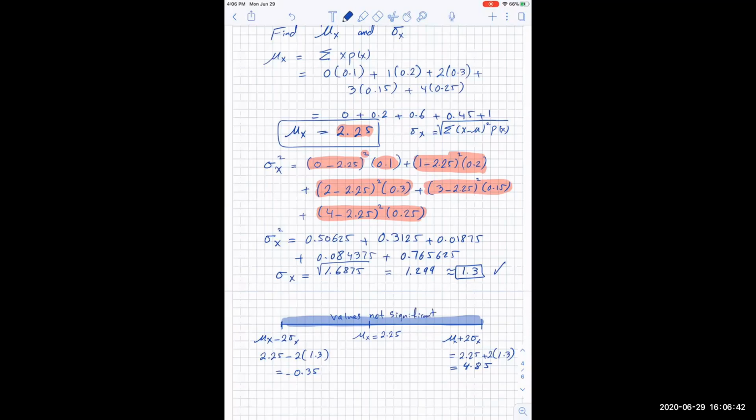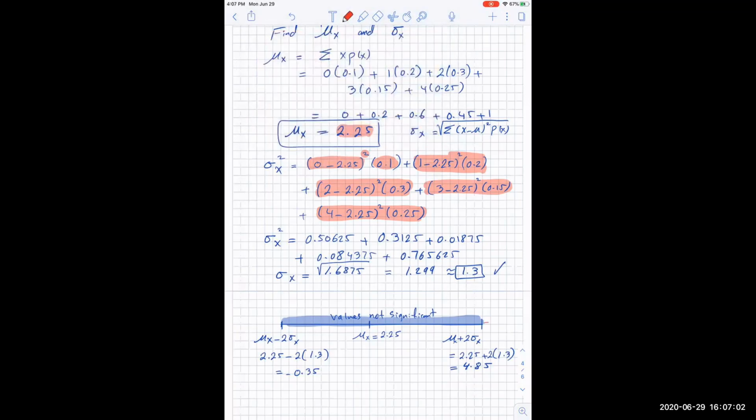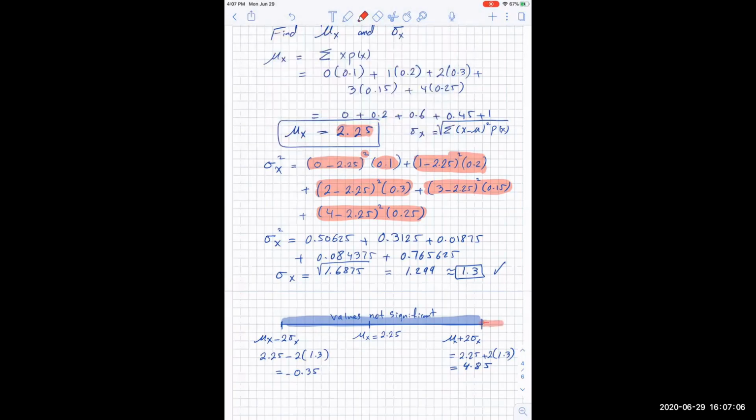So again, it's not up to any one of us to determine. Statistically, if the value of the random variable falls within 2 standard deviations, then that value is not significant. If the value of X is more than 2 standard deviations, if it is here, then the X value is significantly high.